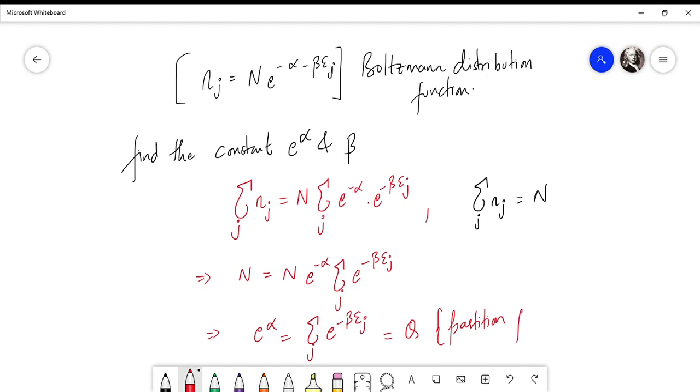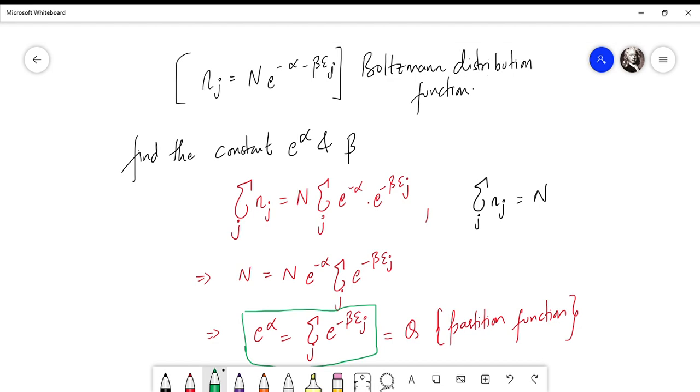We'll talk about it in more detail later on, but for now we have the first constant, e to the alpha, which is basically the summation over j of e to the minus beta Ej.